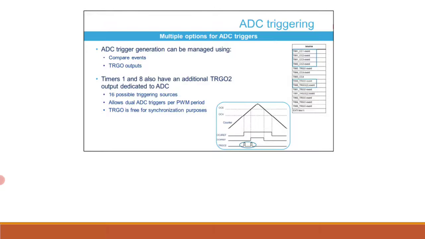For this reason, timers 1 and 8 also have an additional TRGO2 output fully devoted to ADC triggering. The TRGO2 offers 16 possibilities including the 6 compare events and the possibility to have a dual trigger per PWM period by combining the compare 4 and 6 events. This also leaves the TRGO free for multiple timer synchronization schemes.